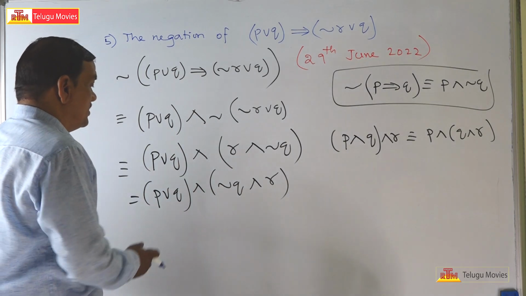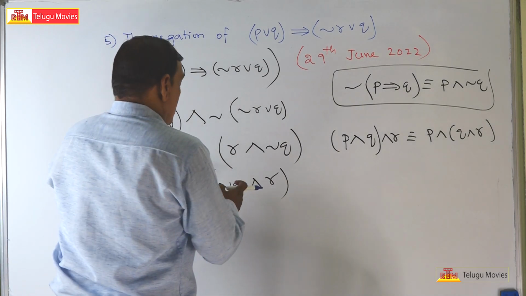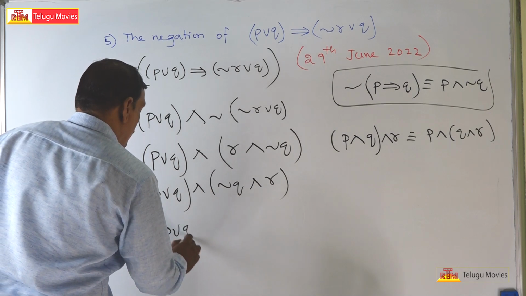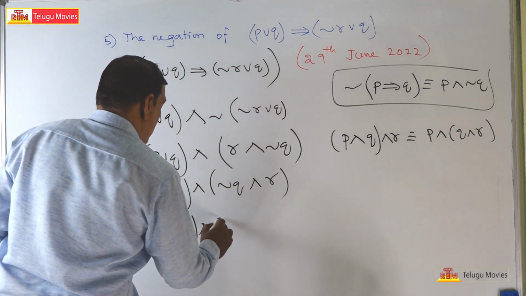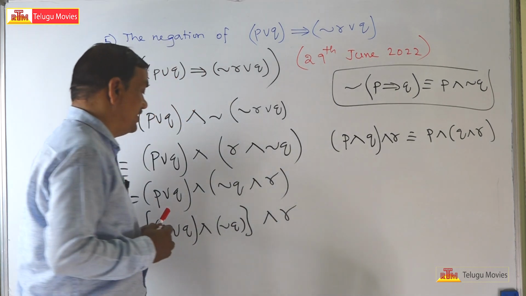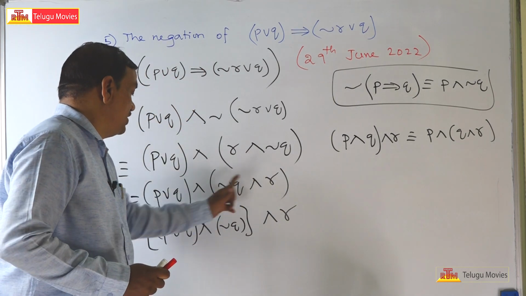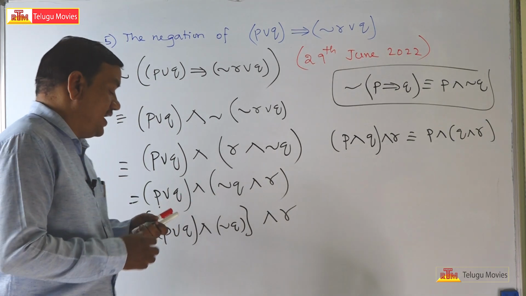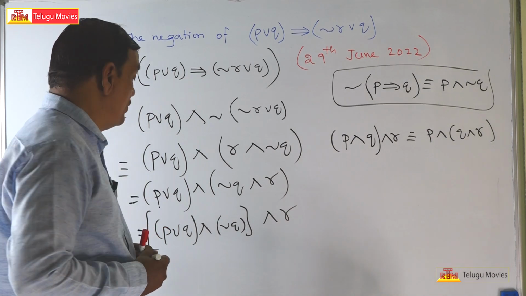So here, this is P, this is Q, and this is R. I will write it like this: P or Q and negation Q and R. That means these two statements I am combining, and we will apply the distributive property here.